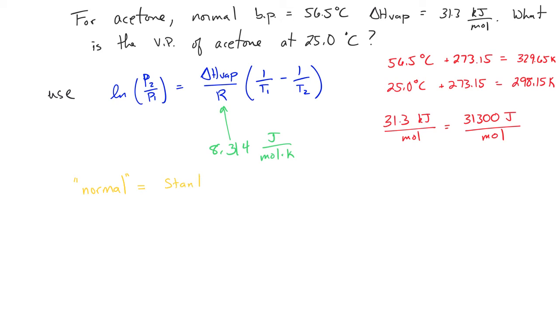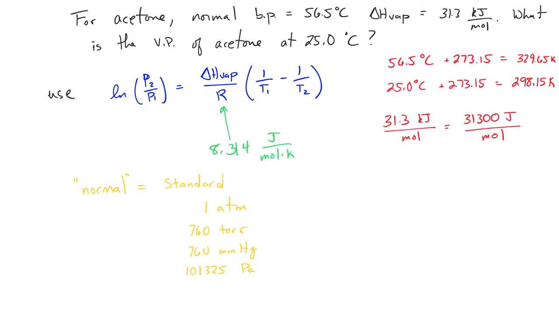So that means that at 1 atmosphere, or 760 torr, or 760 millimeters of mercury, or 101,325 pascals, that's going to be standard pressure.